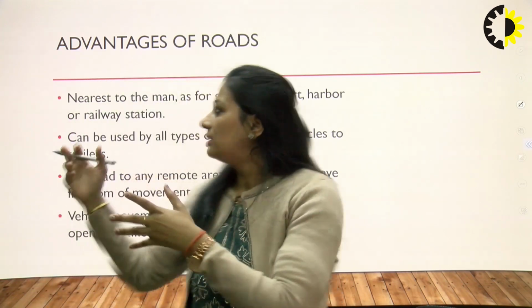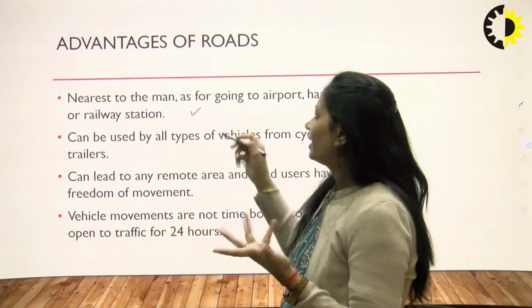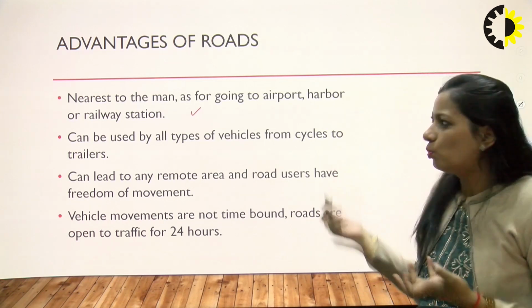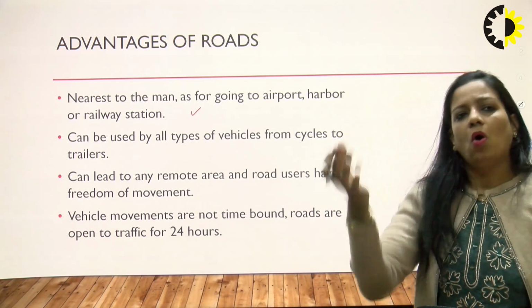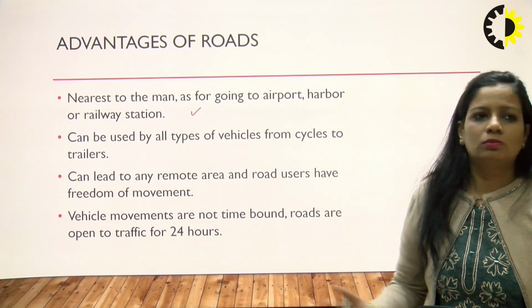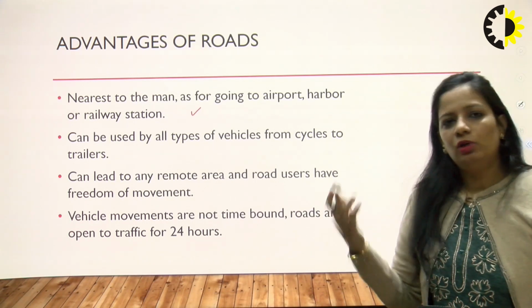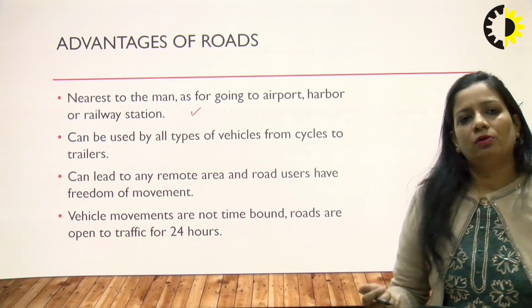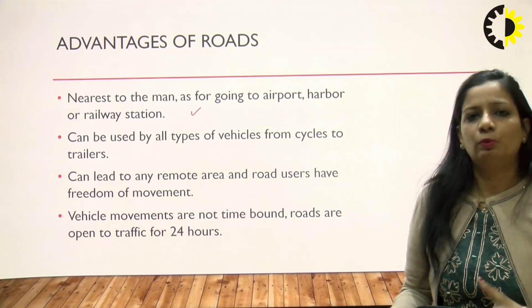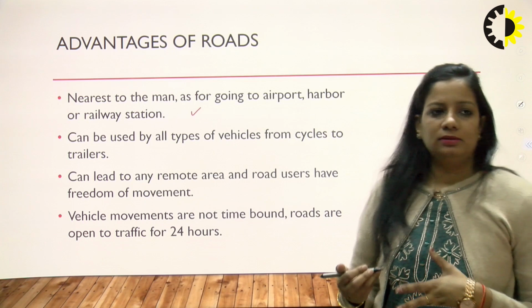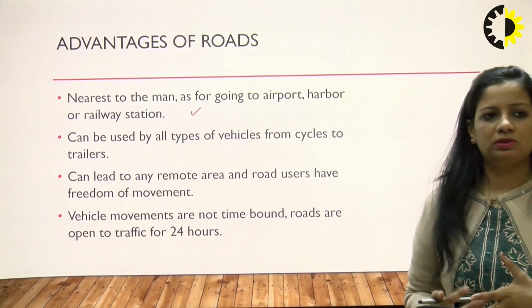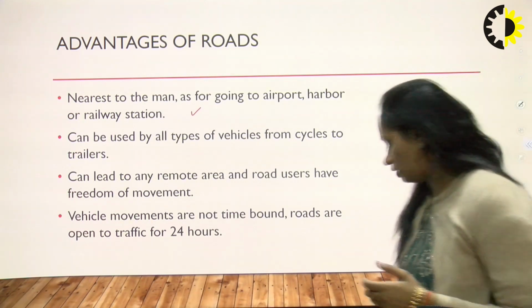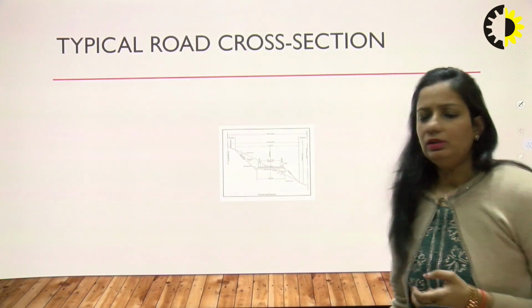It is nearest to the man, as for going to the airport, harbour or railway stations; it can be used by all types of vehicles from cycles to trailers; it can lead to any remote area; and road users have freedom of movement. Vehicle movements are not time bound. Roads are open to traffic for 24 hours, obviously.